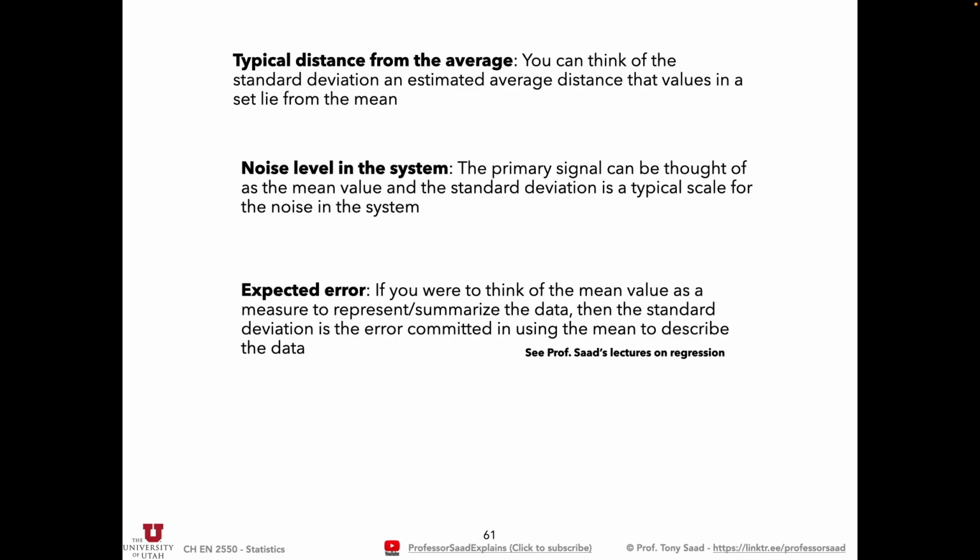So if I tell you Dr. Dabbs's urgent care practice, he treats patients who are 35 years of age, the error committed by making that statement is 15 years because that was the standard deviation.